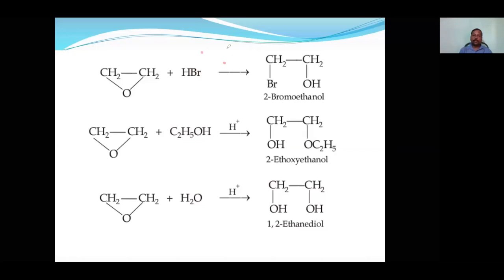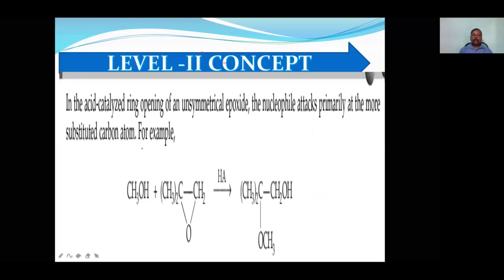Noted. Now let us see the next heading. Level 2 concept. Acid catalyzed ring opening of unsymmetrical epoxides. Earlier there was no problem. But here, one side it is dimethyl and another side it is CH2. So the nucleophile attacks primarily at the more substituted carbon.